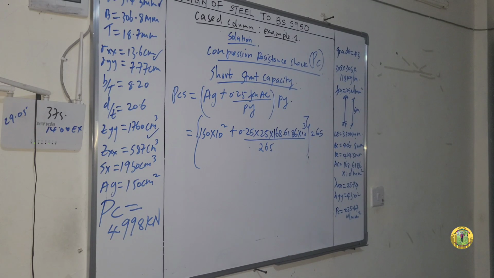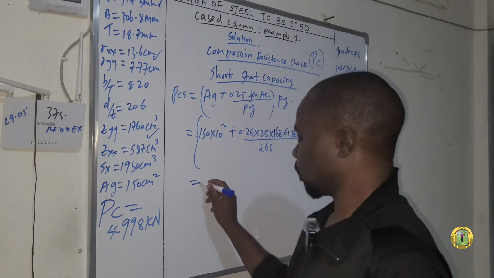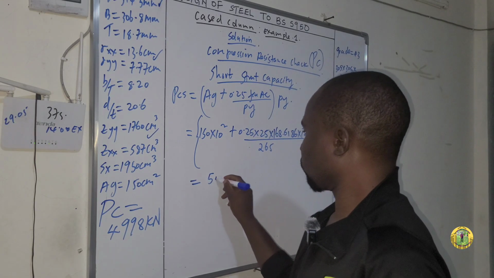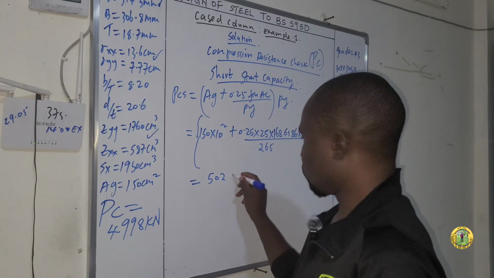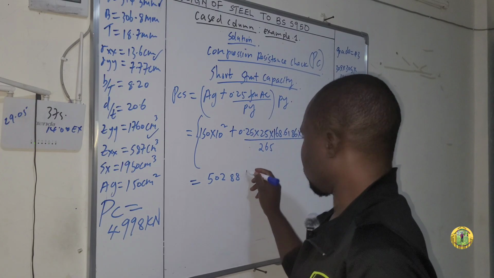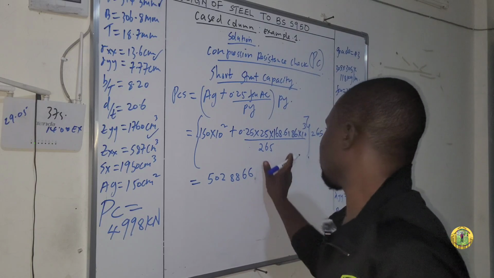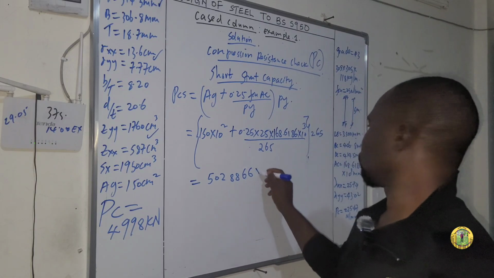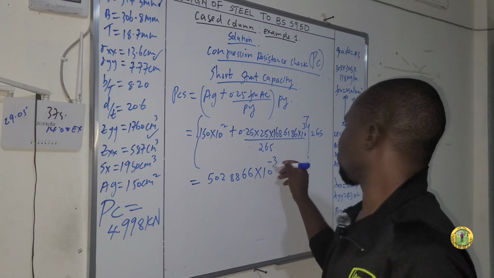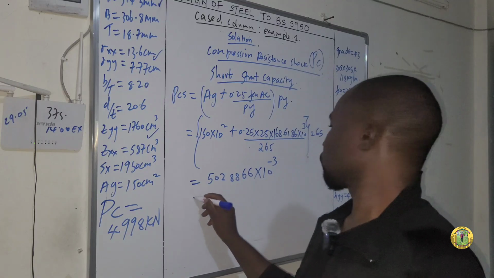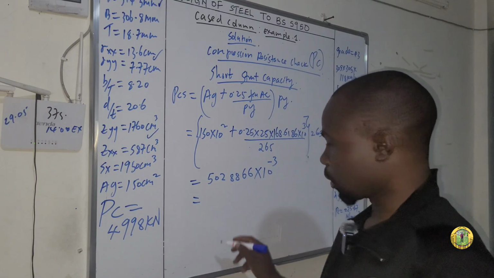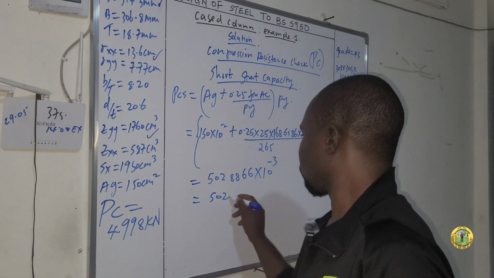So if you carry out the operation, you will get 502,880.66 Newton. But since we want our answer in kilonewton, you will multiply by 10 to the power of -3. So this one is equal to 528 kilonewton.